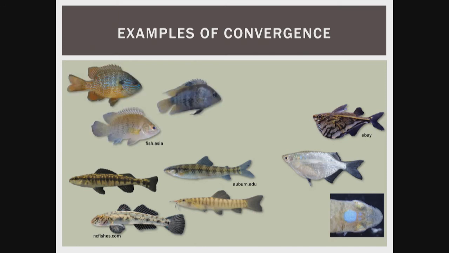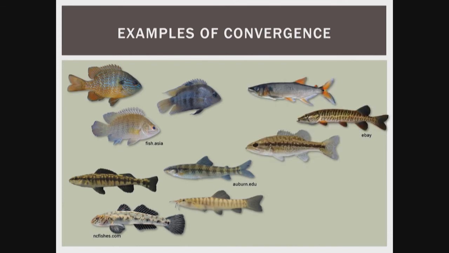And so we also had examples of convergence with these species associated with low water velocity and high structure. So here we have species from all different families. And they tend to have these deep bodies and large dorsal and anal fins that really optimize them for these structured habitats where they can make quick, sharp turns. We also had examples of convergence with predatory fish, and there were many examples of that.